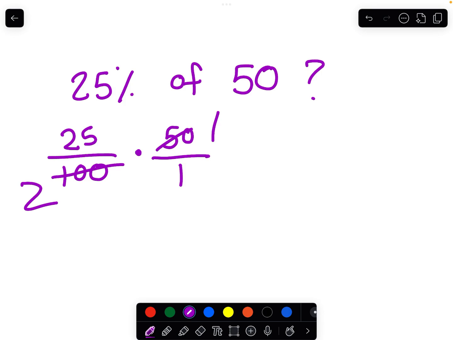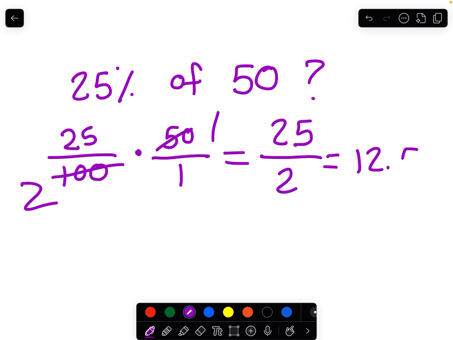That makes for a much easier multiplication: 25 times 1 is 25, and 2 times 1 is 2, and 25 over 2 I know is 12.5.